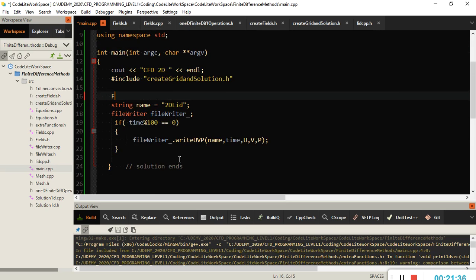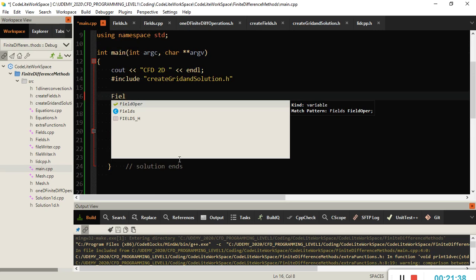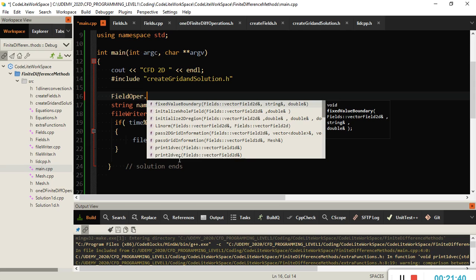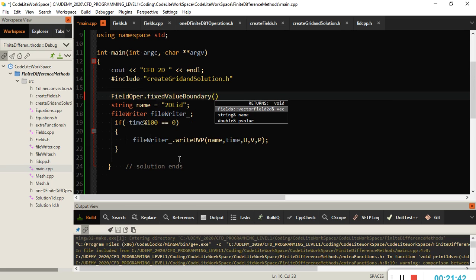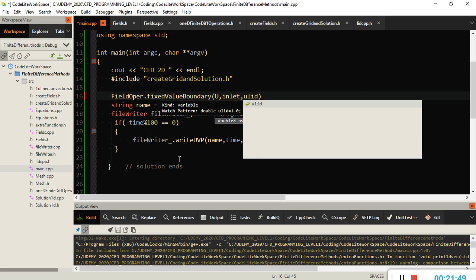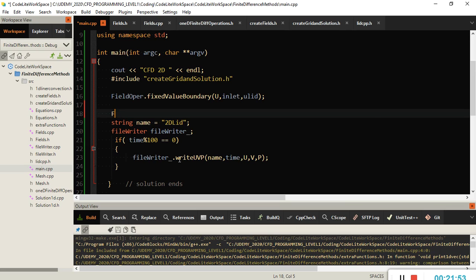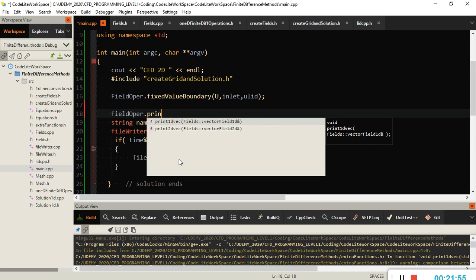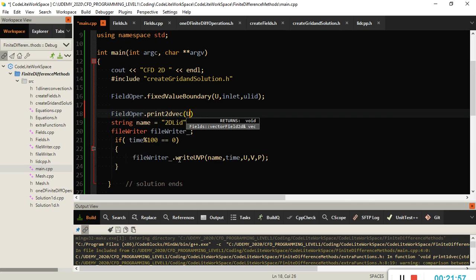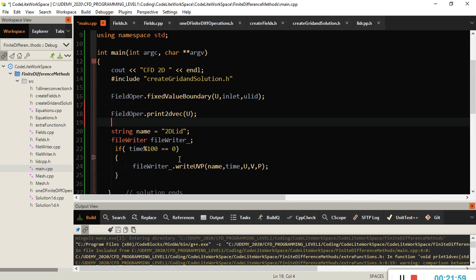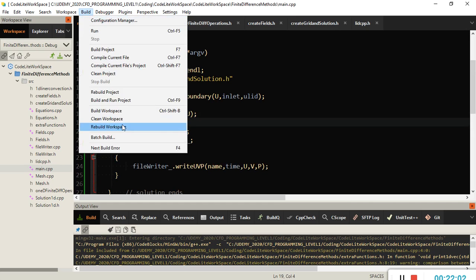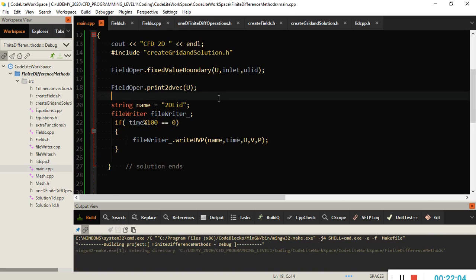So let's call the object of the fields class and initialize a boundary condition at the inlet with the value of ulid. And after having done that, let's print out the field to see if everything is okay and if it is as we want it to be.